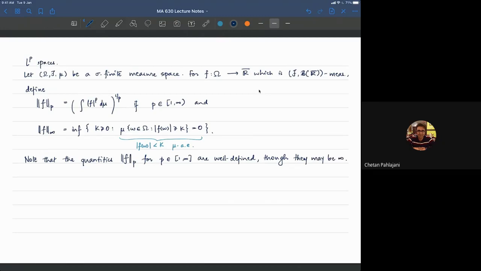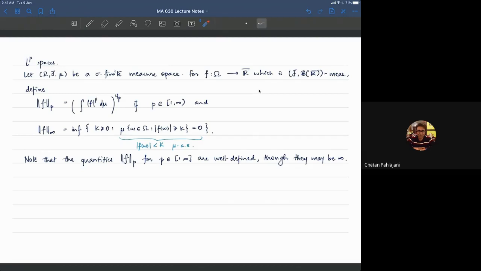Right? And you can see why this is true. If I take a measurable function, I take its absolute value, and I take any power, and I integrate it, I'm integrating a non-negative measurable function. The worst thing that can happen is I'll get infinity, or I'll get some finite non-negative number, but I will never get infinity minus infinity. So this will always be well defined, in other words, meaningful, though it may be infinity.